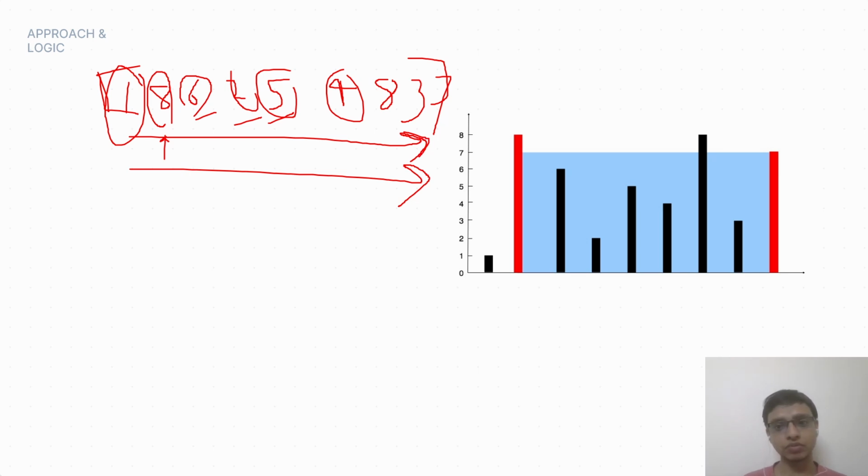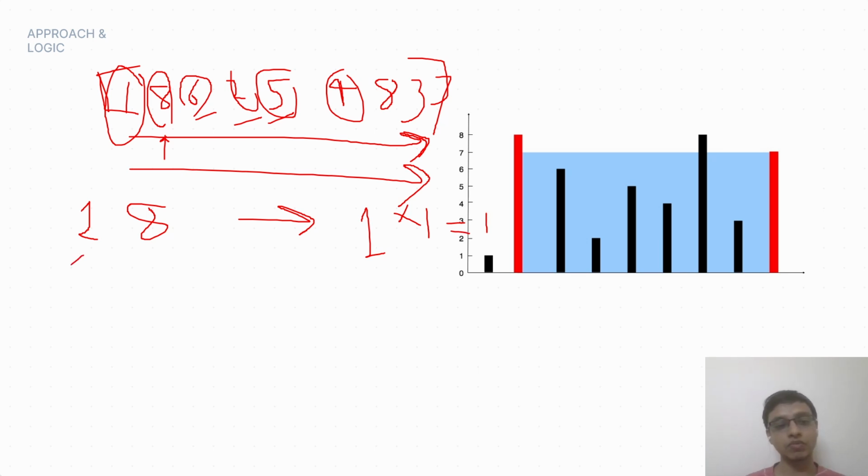So what should the brute force code look like? For example, I picked the first height 1 and checked it with 8. I found that the area of the water contained is, you can say, the minimum height is 1, so height should be 1, and the width is also 1. So height into width, and the area of water is also 1.